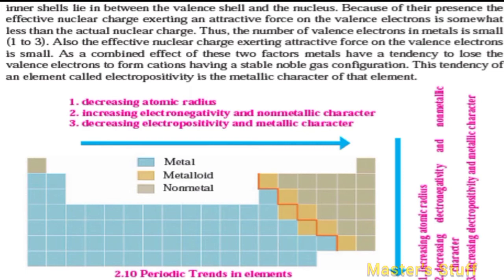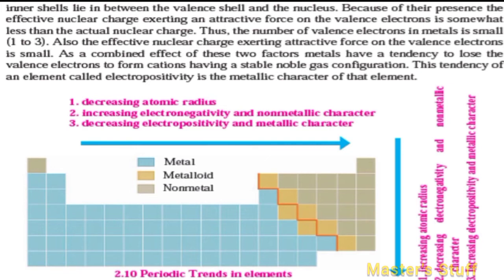Thus, the number of valence electrons in metals is small, that is 1 to 3. The effective nuclear charge is also small, which helps the metal to lose the outermost electron and form a cation to attain the stable noble gas configuration.